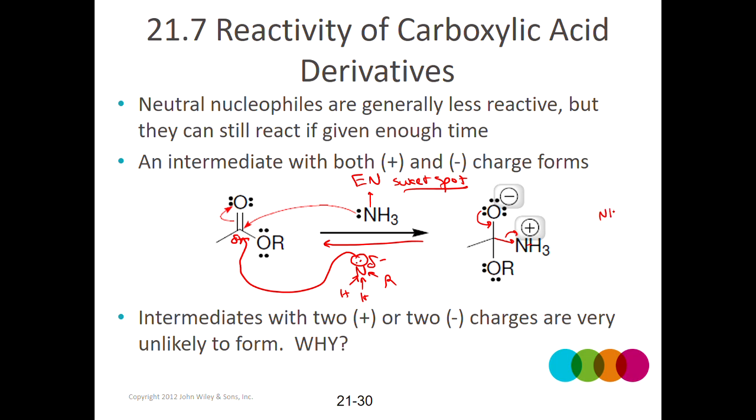Another molecule of NH3 could pick off one of these 3 protons, and those electrons would stay on the nitrogen. And so that could give an intermediate that would look like this. Now there's only one charge, so it's a lot more stable.